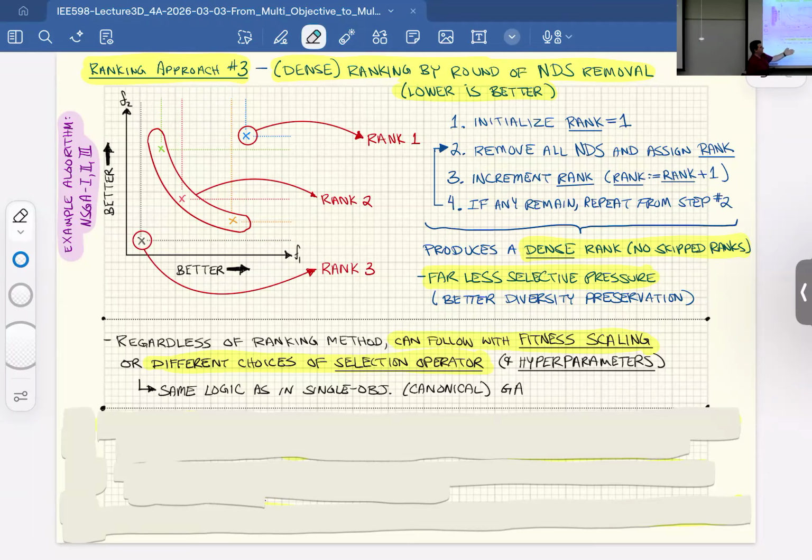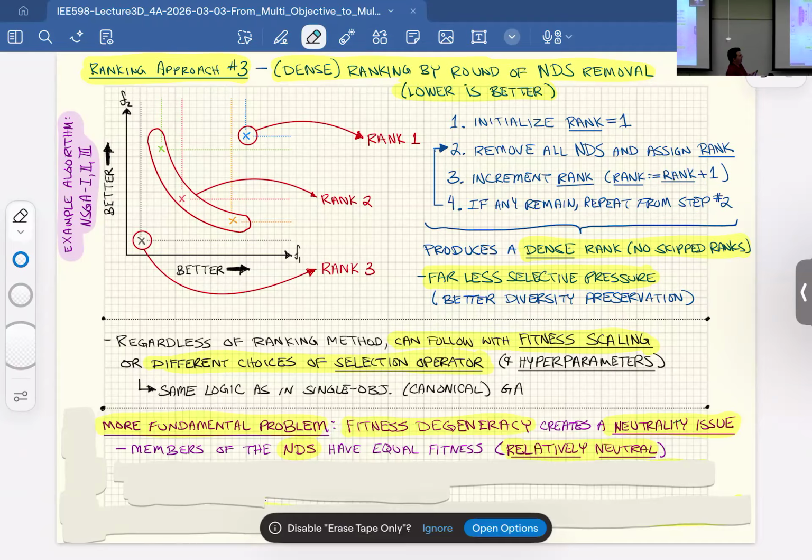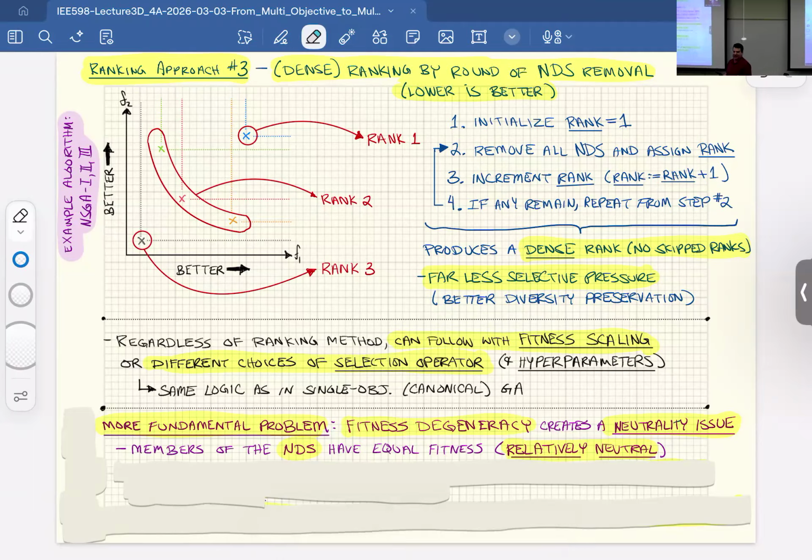It's the same logic we've seen in many single objective canonical GAs: once you've calculated a simple fitness, you can run it through a scaling algorithm to further shape it. But the more fundamental problem, as I've talked about here, is that fitness degeneracy creates a neutrality issue. Now you have lots of individuals that all look neutral relative to each other.